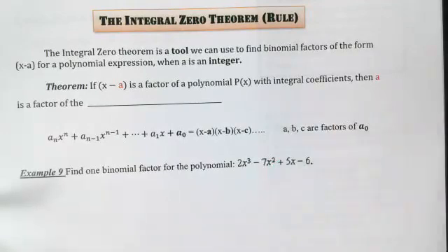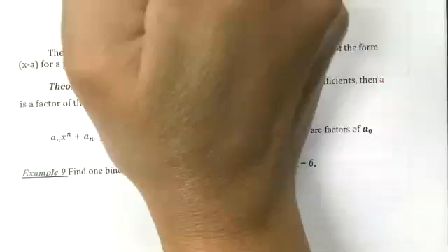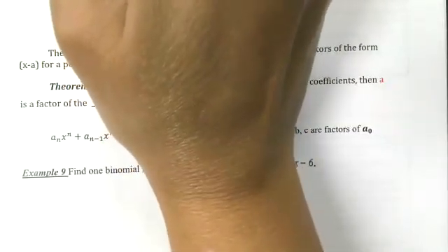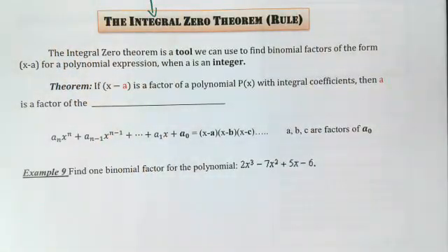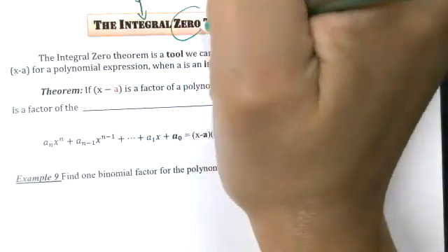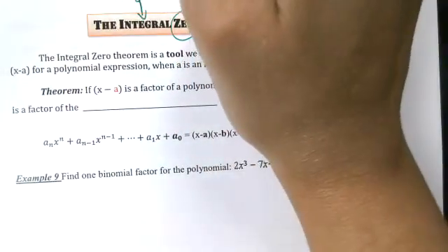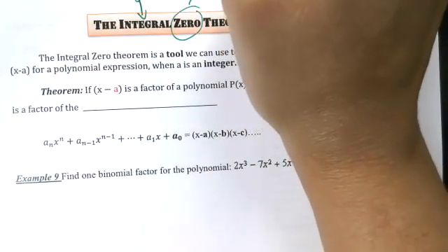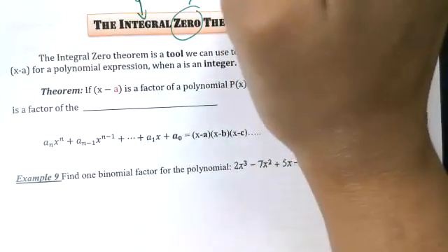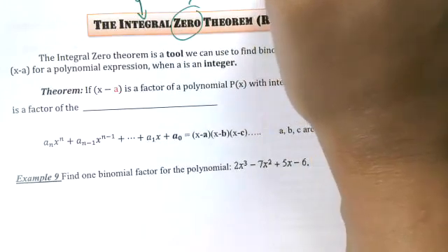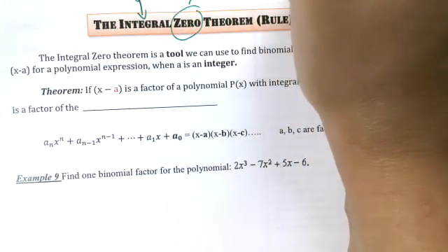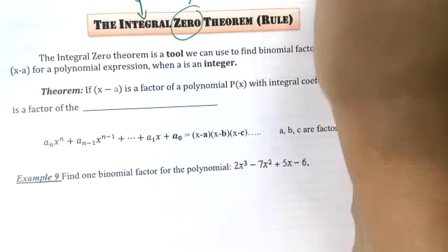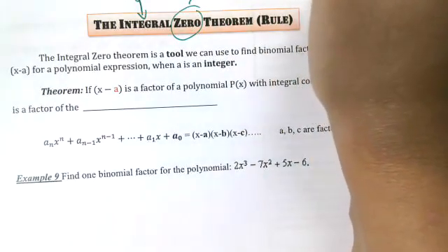Now it does have a fancy name. I'm going to tell you what those words mean. Integral comes from the word integer. That means you're going to find this 0, which is going to be a solution to the corresponding equation.